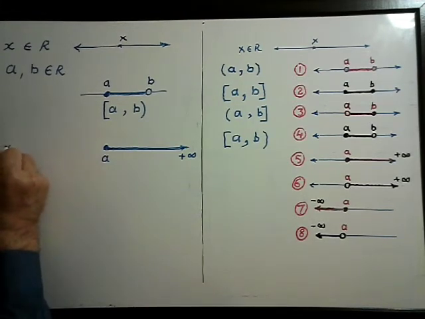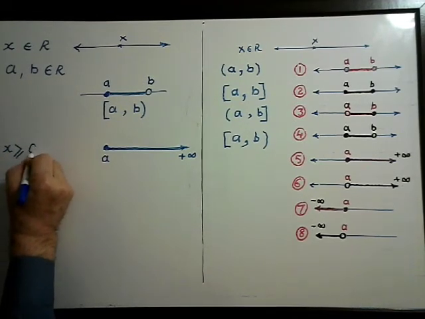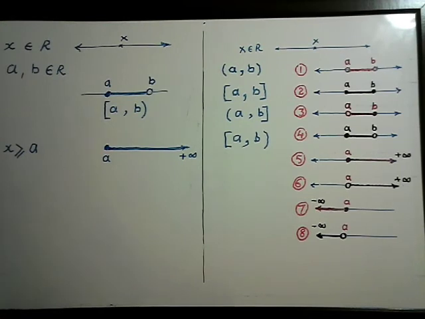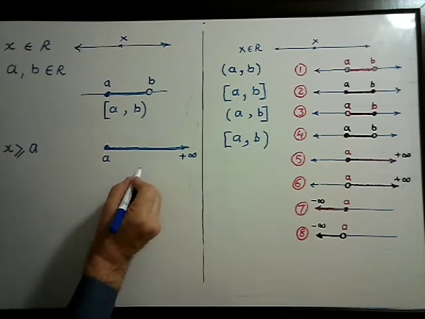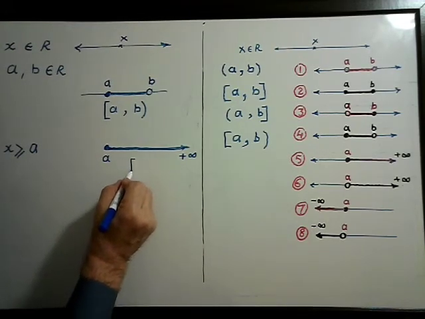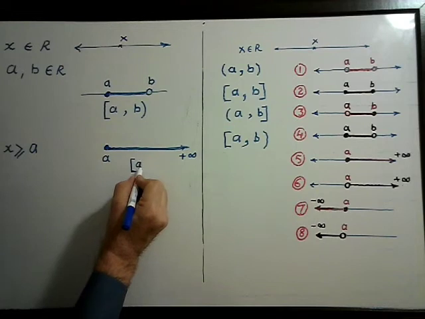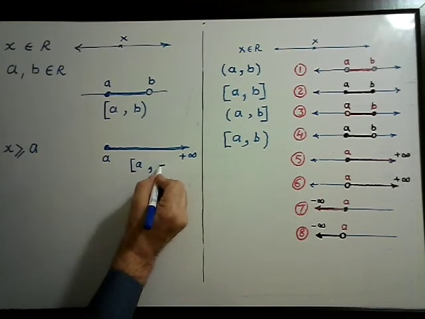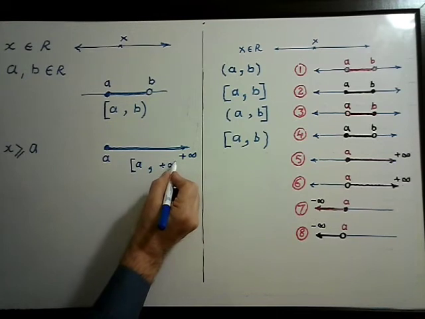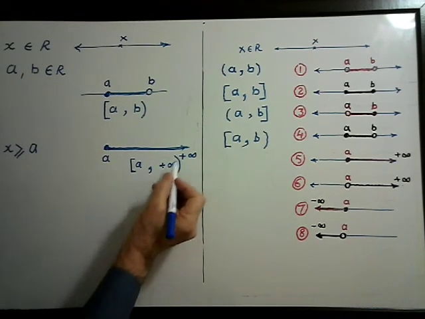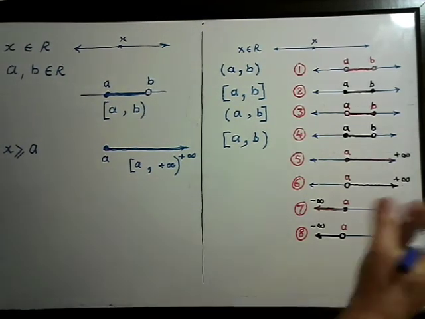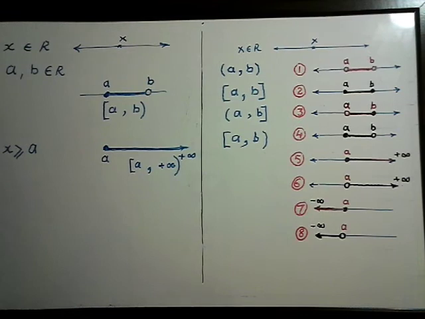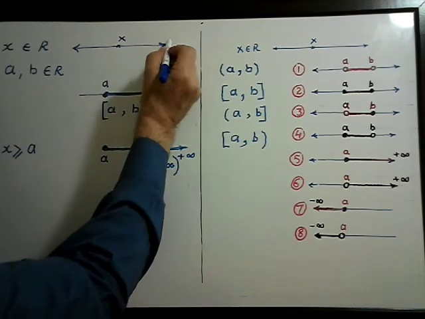And we write it like this: x is greater than or equal to a. We can also write it using brackets, by saying closed at a and at positive infinity it is open. The infinity is not a number, it is just a symbol to refer to the extent of the line here.